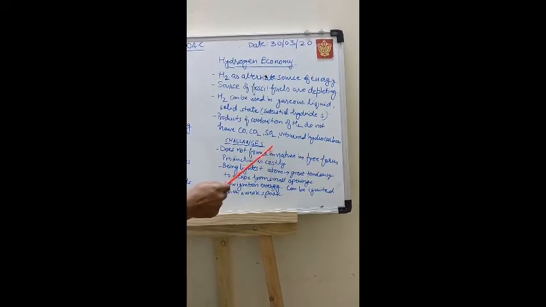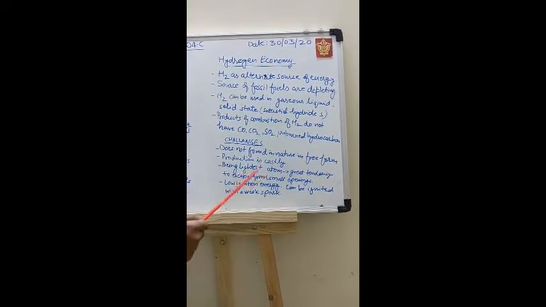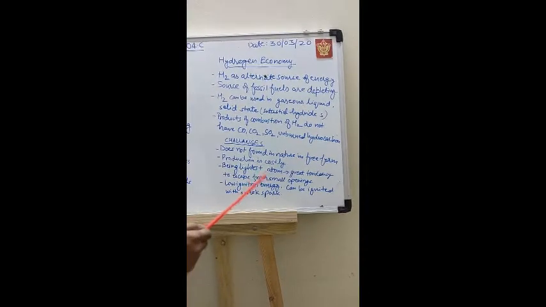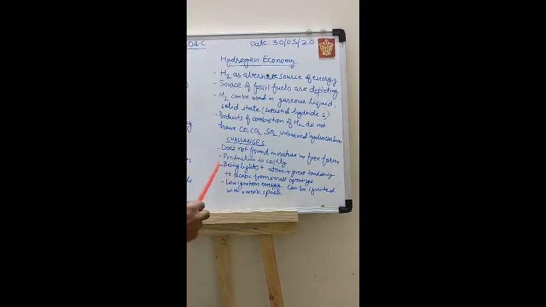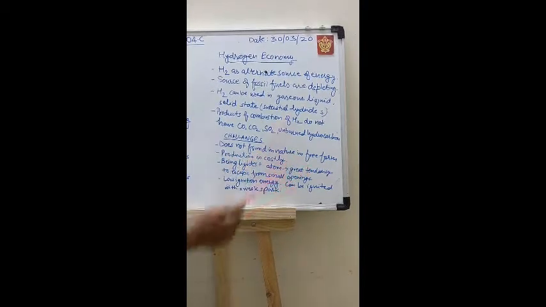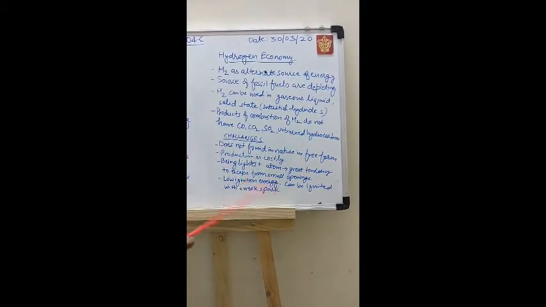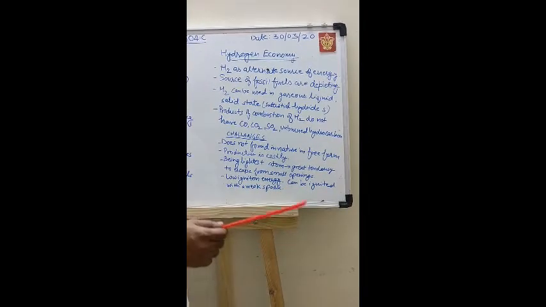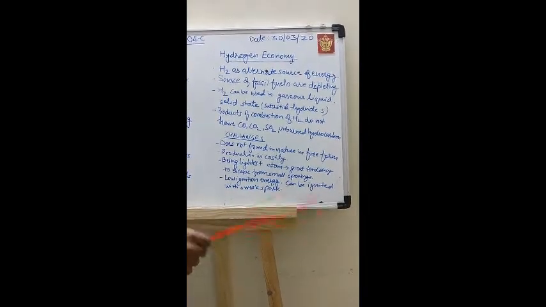The only thing which makes the challenges or disadvantages of hydrogen is that hydrogen is not found in nature in free form like other fossil fuels, though it is available in the form of water, since it is mixed with oxygen.